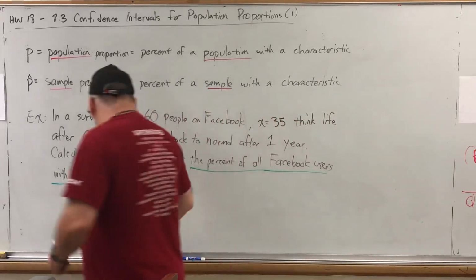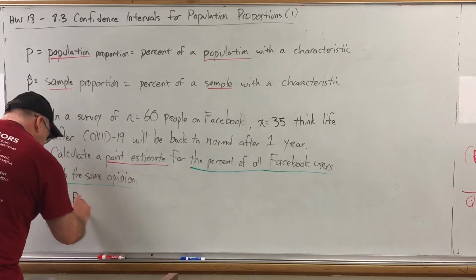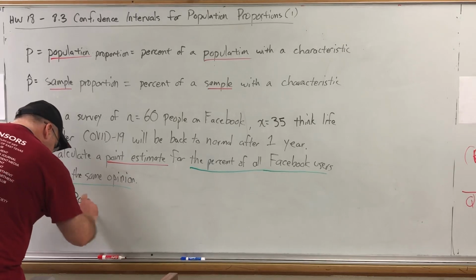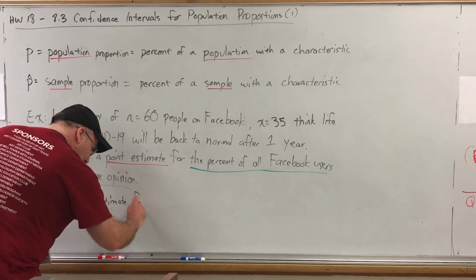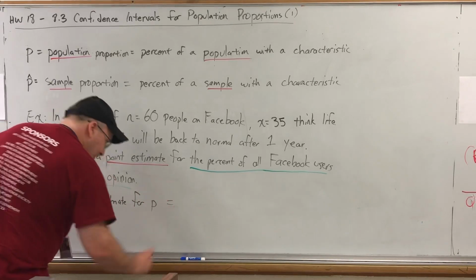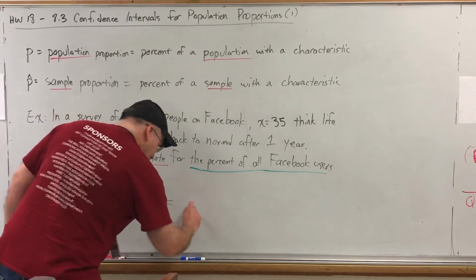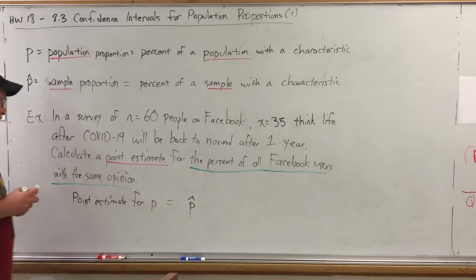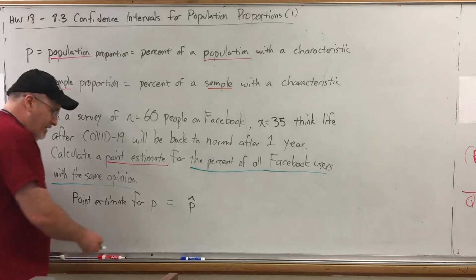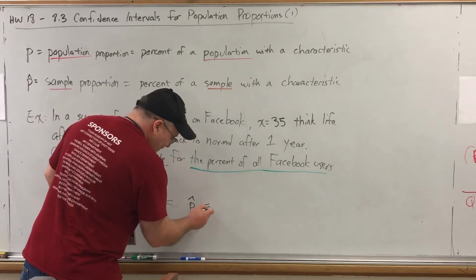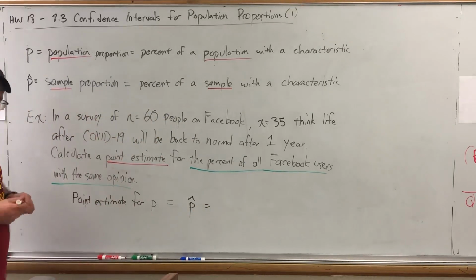And recall that in general, a point estimate for a population value is the sample version of that. So when we're asked for a point estimate for p, we're being asked to calculate p hat. Well, p hat is the percent of a sample with a characteristic.